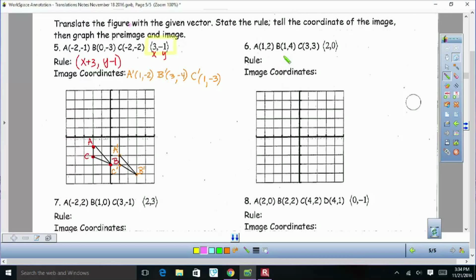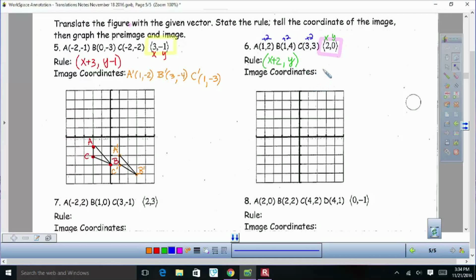So looking at number 6, our rule is 2, 0. So that means that our x is changing by a +2. Our y is not changing because it's 0. So when we write our rule, we'd have x plus 2 and then just our regular y. So when we write our new image coordinates, each x will be adding 2, and then our y is just going to stay the same.